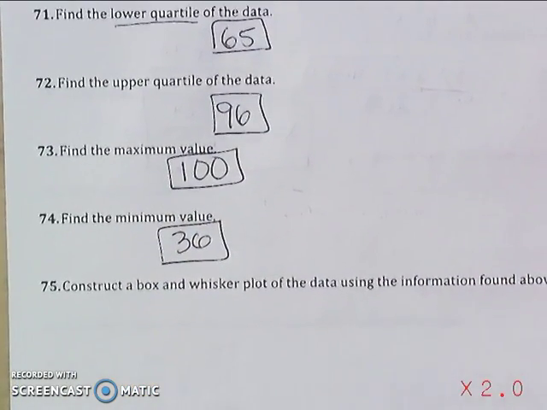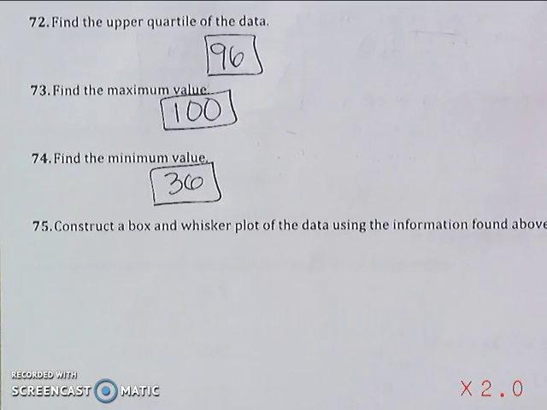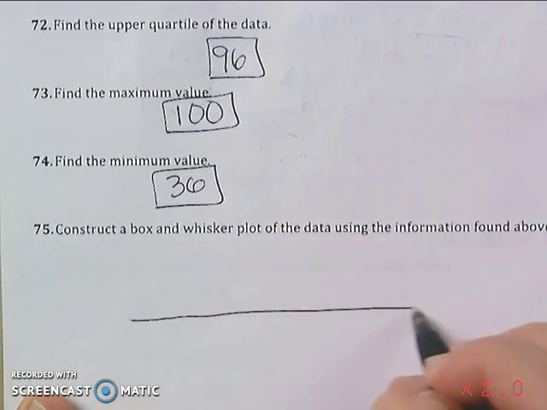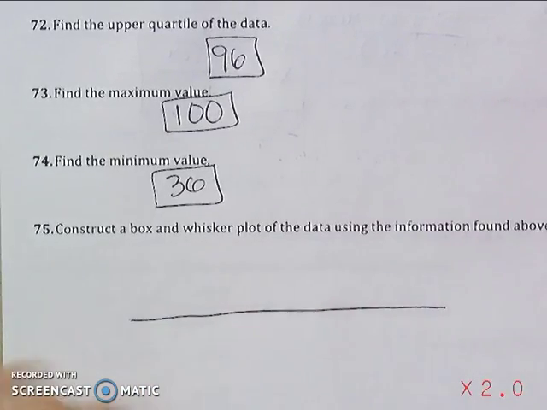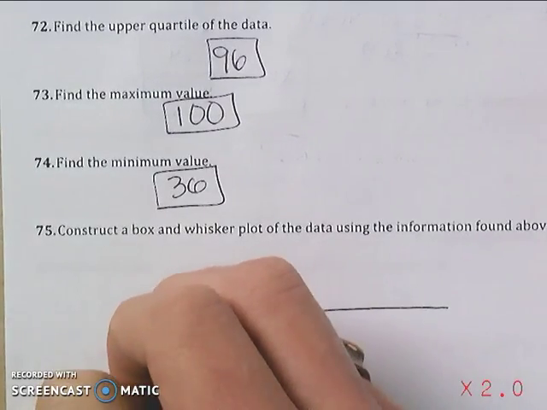Okay. One way I can demonstrate some information is using a box and whisker plot. Not the only way to show data, but I can show data using a box and whisker plot. We got 35 or 36 to 100, so it's pretty spread out data. I'm going to count by fives.